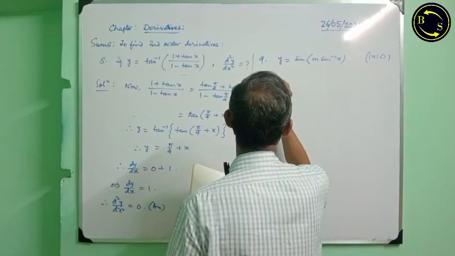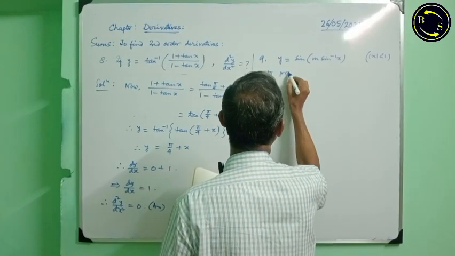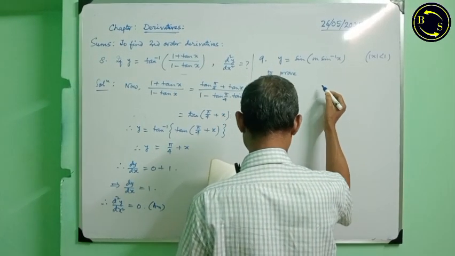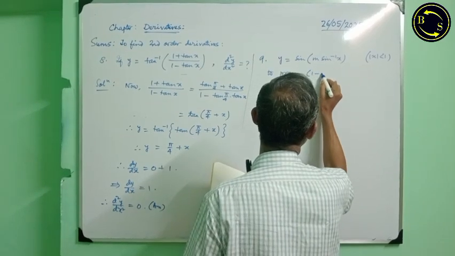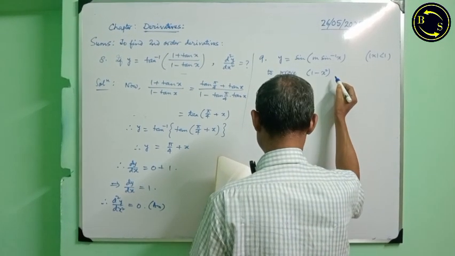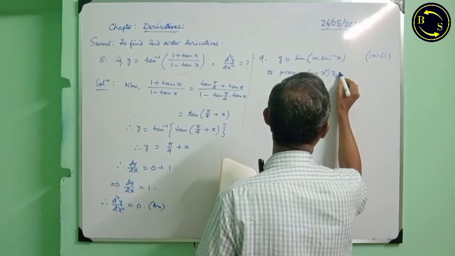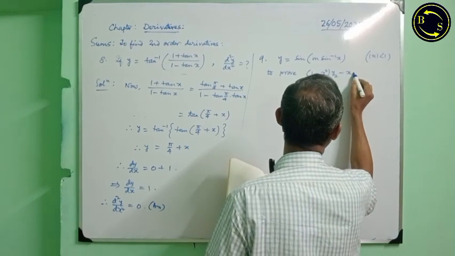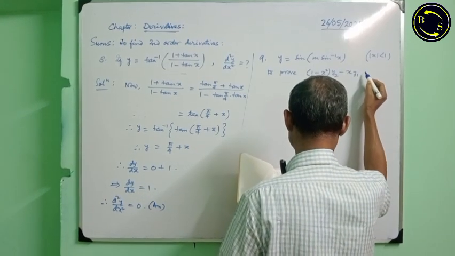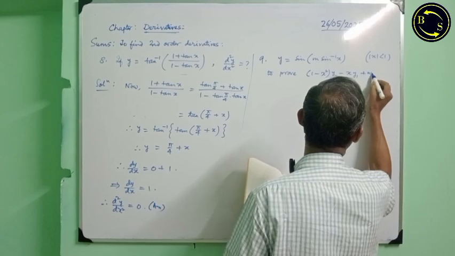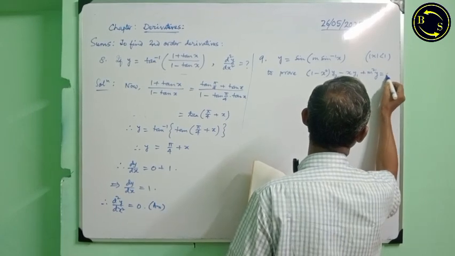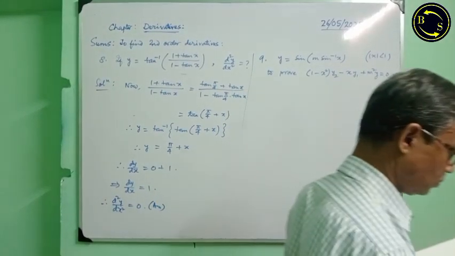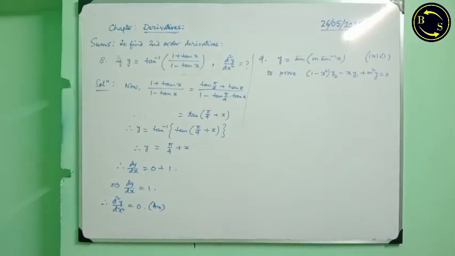Then to prove: (1 minus x square) y2 minus x y1 plus m square y equal to 0. We are going to solve that.